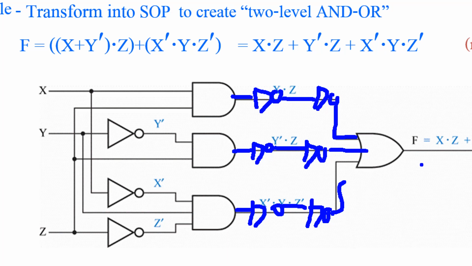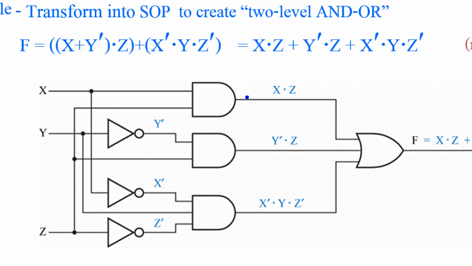So what happened? Let me draw only a circle to show the inversion. If I add it here and here, for this line also, a pair of inversion bubbles, you will get the same result.